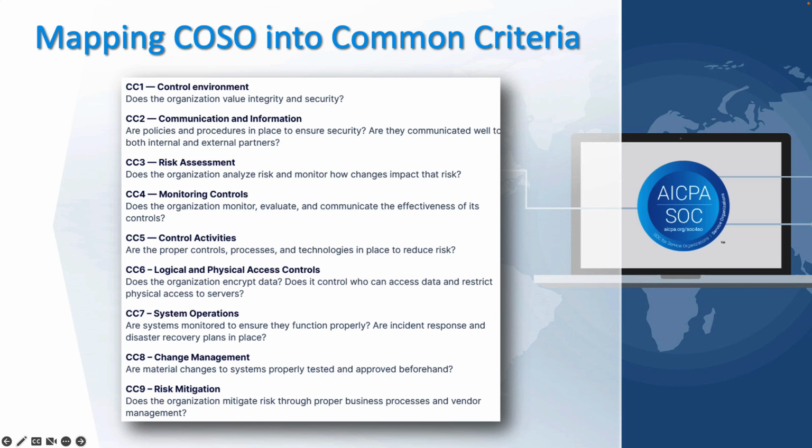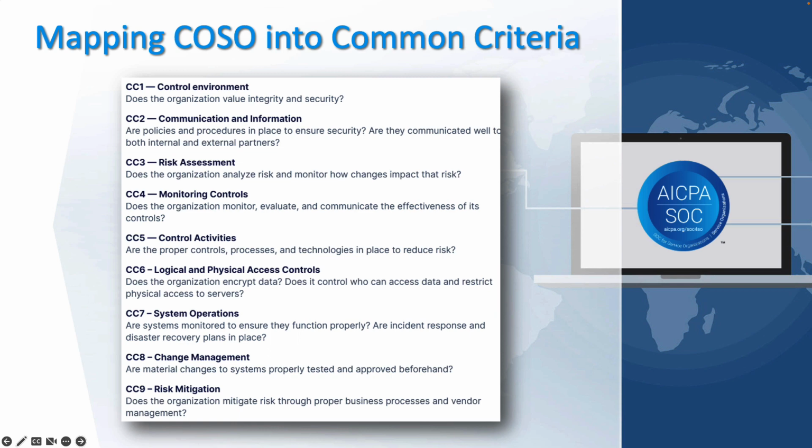CC4 covers the ongoing evaluation of the system at the service organization and the notification to relevant personnel in the event that there is a breakdown in the system. The CC5 section tests that the service organization has controls in place for the mitigation of risks, and also that the controls in place are monitored on an ongoing basis.